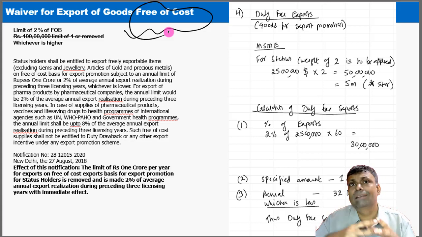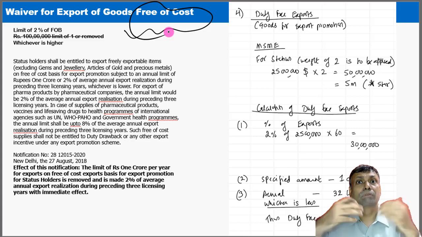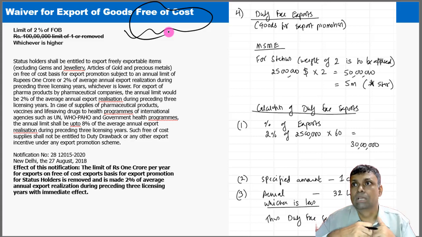Now, this promotional material can be in many forms. I have my big consignments and my product is already ready, but I want to send, for example, free samples, my demo items, maybe my publicity material abroad. But those things I want to send free of cost.